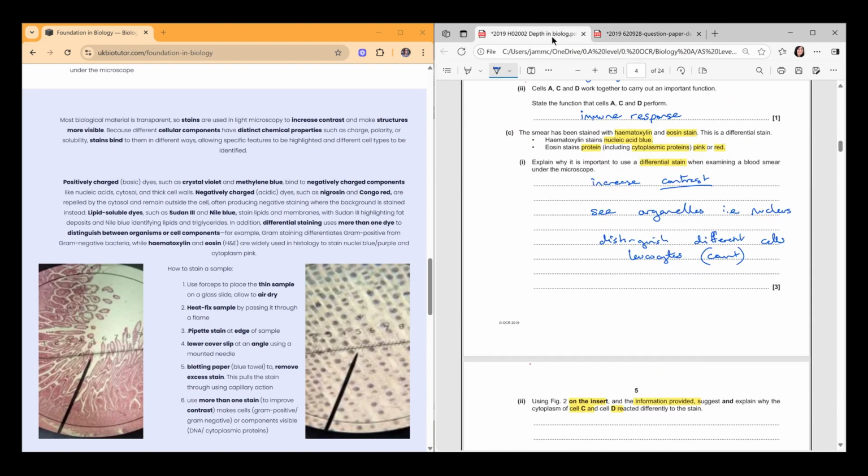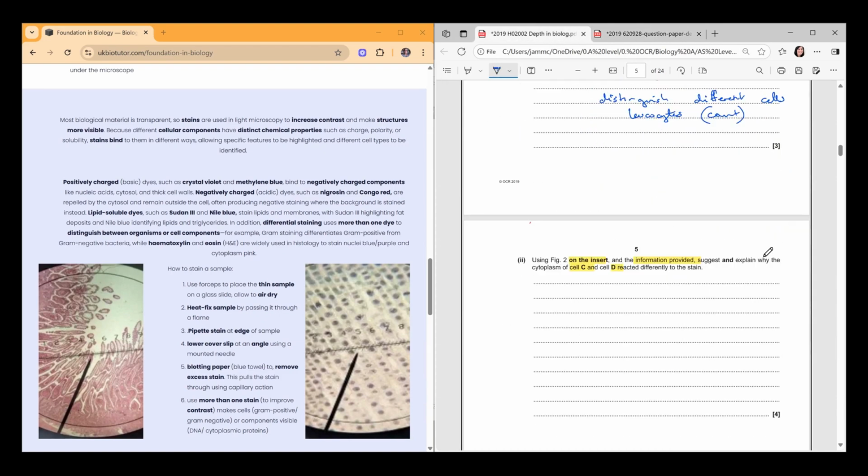And if we're going back to the question then, suggest and explain why cytoplasms of cells C and D reacted differently. They react differently because they have different structures in both and different concentrations of those structures.